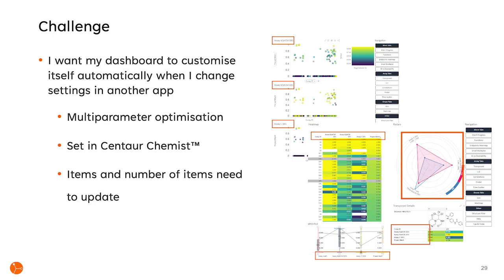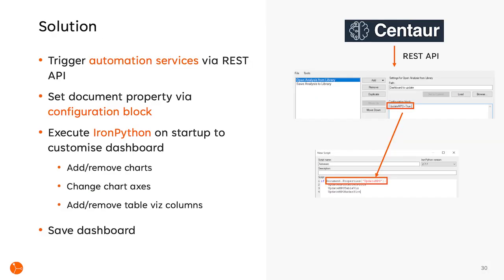And we set these ACIDs in a different tool. So how do we get all that to work? And you see it's in lots of different places. So we've got scatter plots here, we've got a table, we've got an MPO plot, we've got a radar plot. All of these things need to update. So how do you do that automatically with the user not having to do anything?